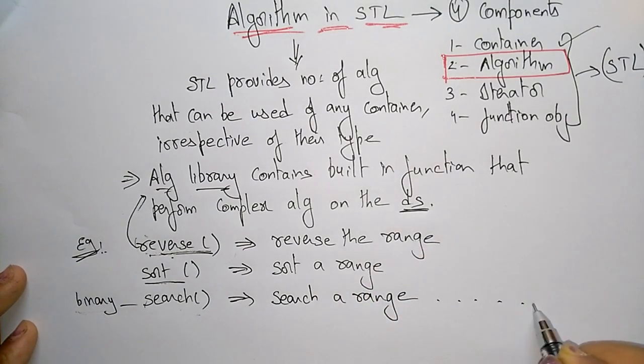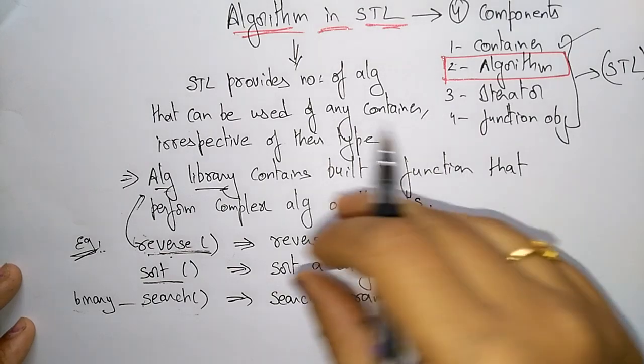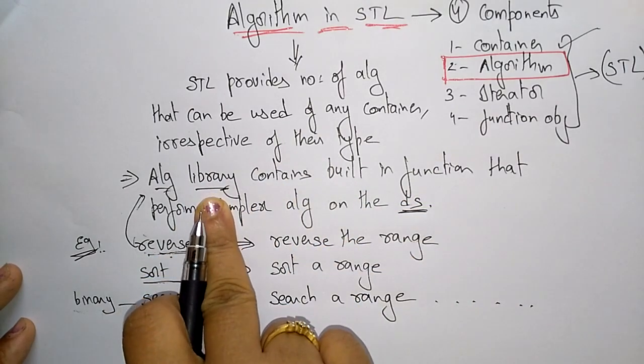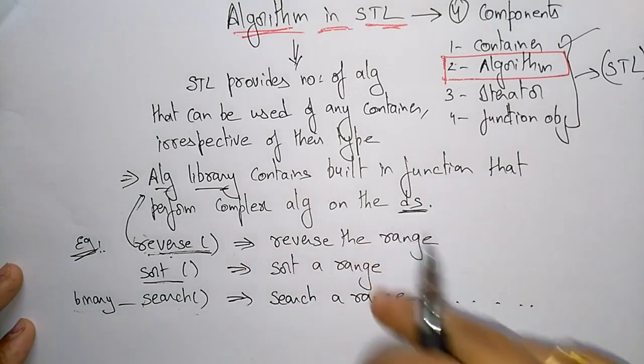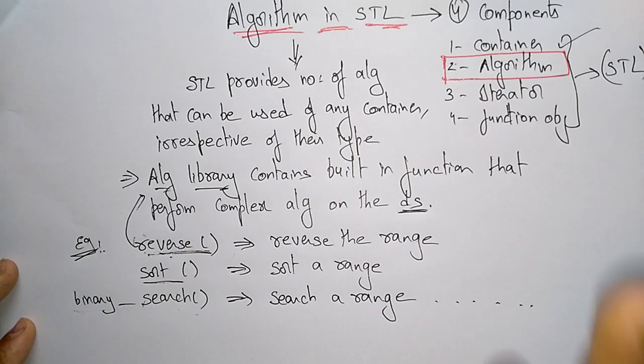And so on. These are some of the functions present in the algorithm library. These functions perform complex algorithms on the data structures. So this is the introduction to the algorithms in STL.